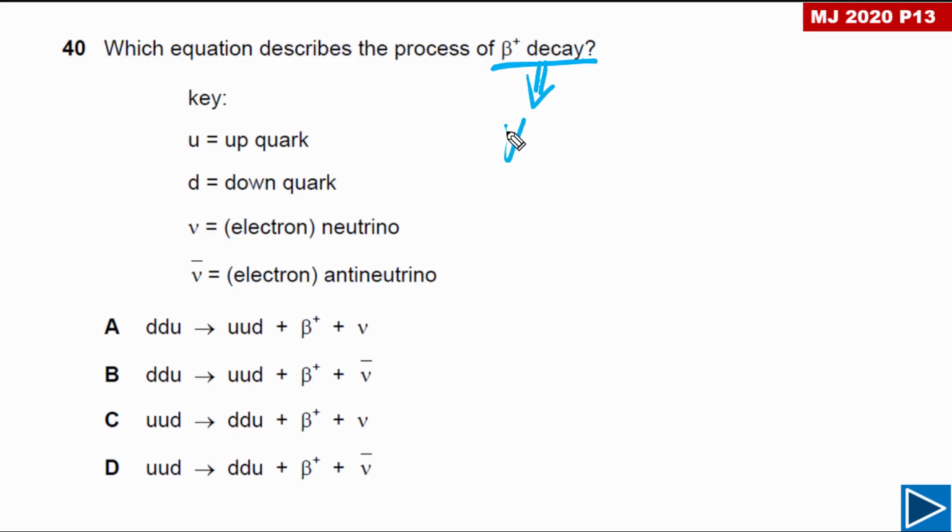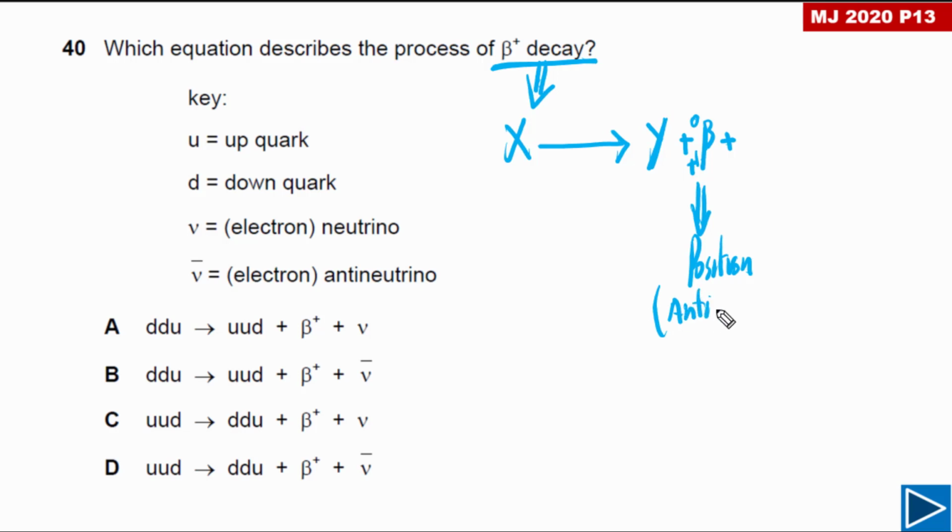For beta plus decay, let's say we have nucleus X and it decays into another nucleus Y by emitting a beta plus particle. Beta plus is in fact a positron, and this is the antiparticle of the electron.